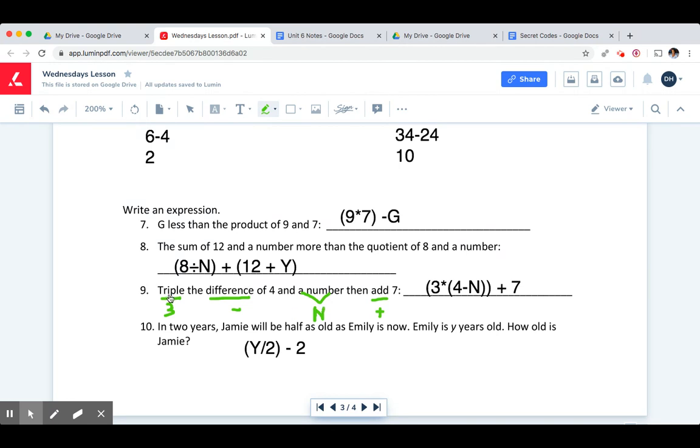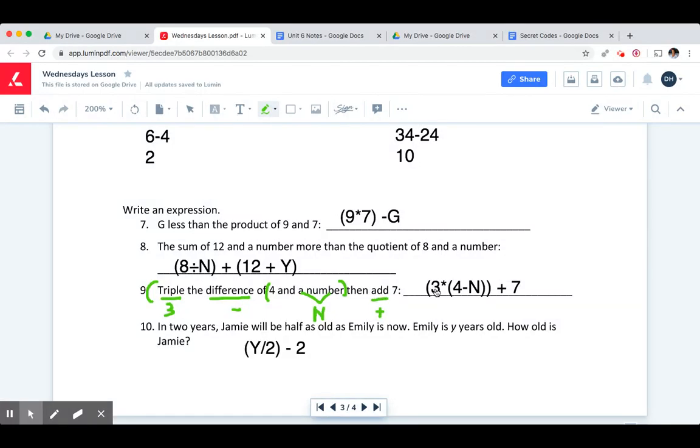So now let's think about what exactly we're going to be doing. We're tripling a difference, and that difference is between 4 and a number. So I need to have parentheses around 4 and the number. But then I need to show that I'm tripling only that. So I'm going to use nesting parentheses there. And last, I add 7.